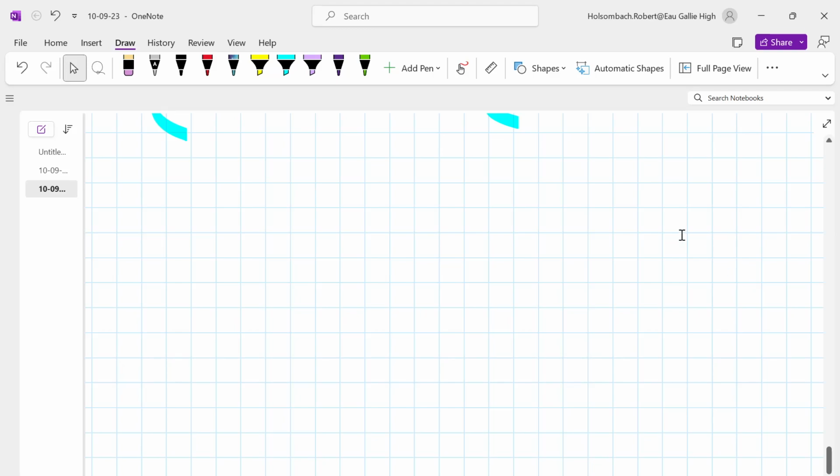All right, page 198, and today you are going to be writing equations of lines.